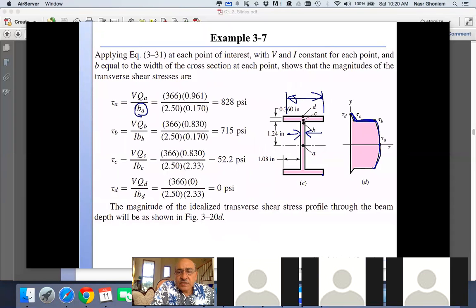So it looks like a kind of a hat, but basically it's a part of a parabola, and this is the distribution function as a result of adding the sections. So as we move towards the center, we're adding more and more Q, accumulating it to give us higher and higher shear stress.